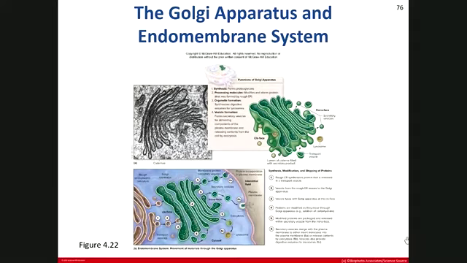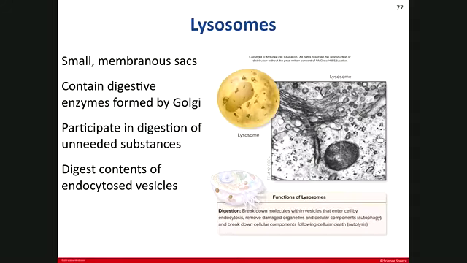The other organelle which we have in the cell is called lysosomes. The lysosomes are small membranous sacs. They contain digestive enzymes, and the lysosomes are formed by the Golgi apparatus, and the enzymes are made by the rough endoplasmic reticulum.